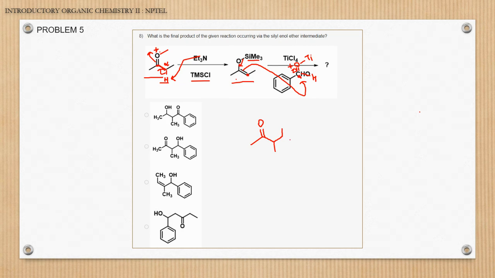That means we are having this alcohol at this position and your Ph at this position. Right? So this is how your silyl enol ether will behave as a nucleophile towards the benzaldehyde. So titanium tetrachloride will activate the benzaldehyde and this silyl enol ether will act as a nucleophile in the system to give you this alcohol, basically beta hydroxy carbonyl compounds.